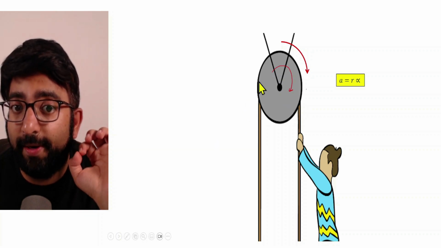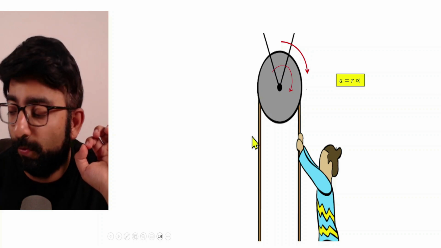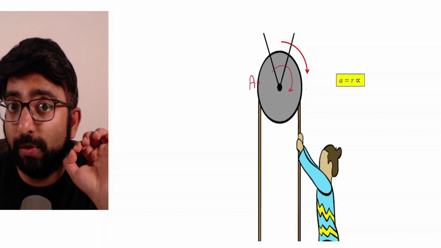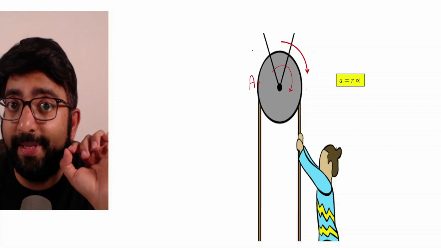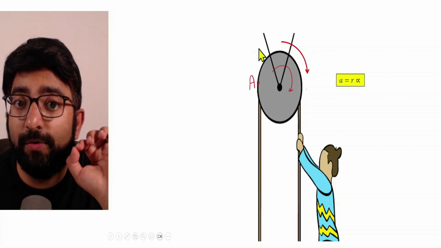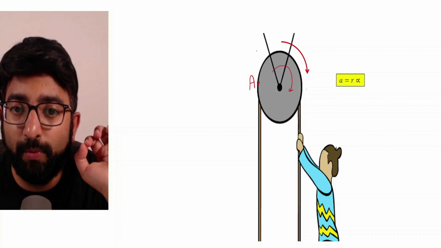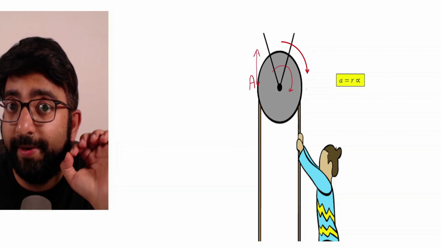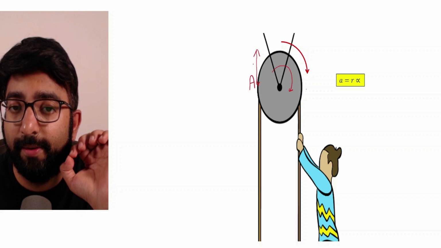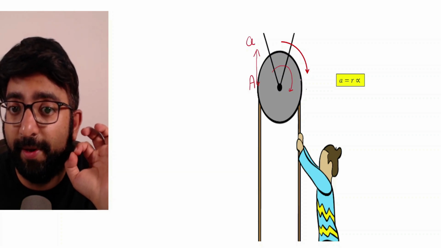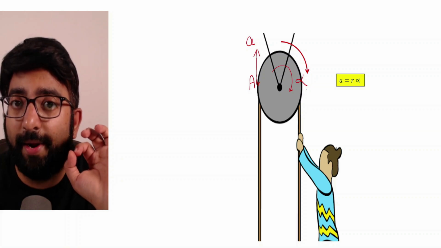So consider any point on the circumference of this pulley. Let me label a point A, which is on the circumference of the pulley. The way to find the linear acceleration is we need to draw a tangent at the point A. So let's draw a tangent to the pulley at the point A. This arrow represents the direction of linear acceleration for the point A. Let me label this arrow with a. a, remember, is the linear acceleration, whereas alpha will be the angular acceleration.